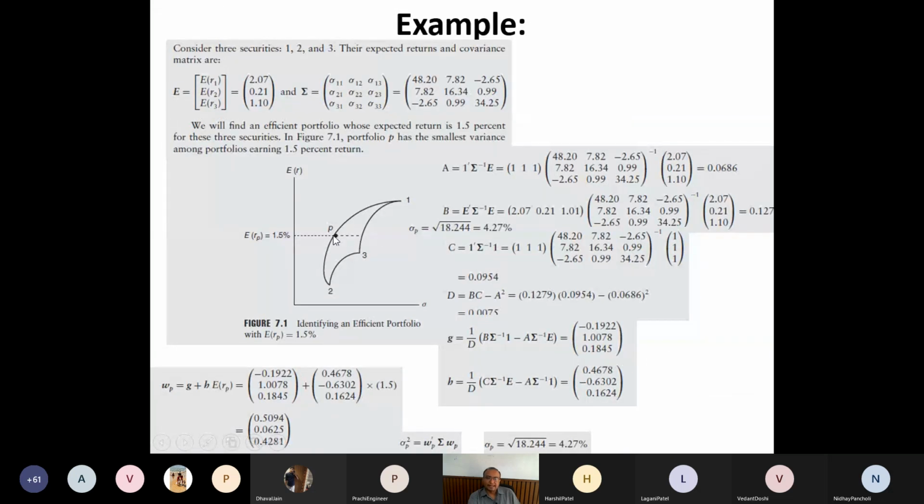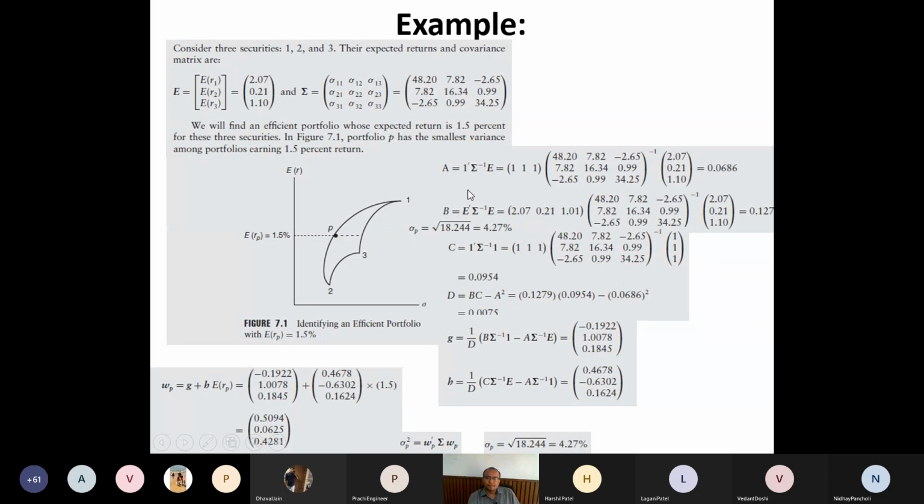And we have seen one example of this three-security case. We were given the expected returns, the covariance matrix, and from that also the ERP. This is my expected return. We formed this portfolio P by finding its weights, WP, the optimum weights. What should be the weights in this portfolio, which has these three securities with this expected return and the risk given by this covariance matrix?